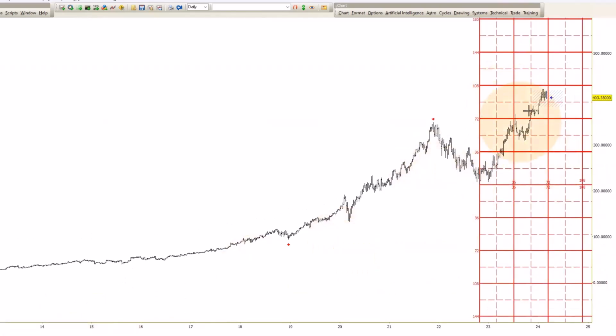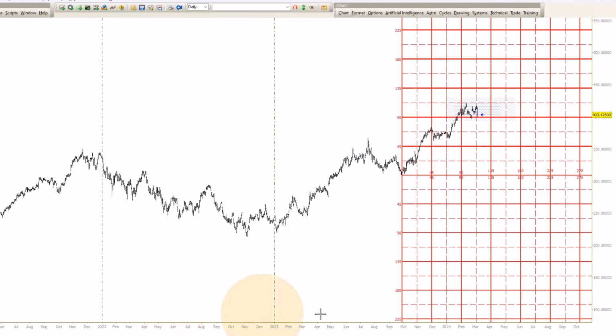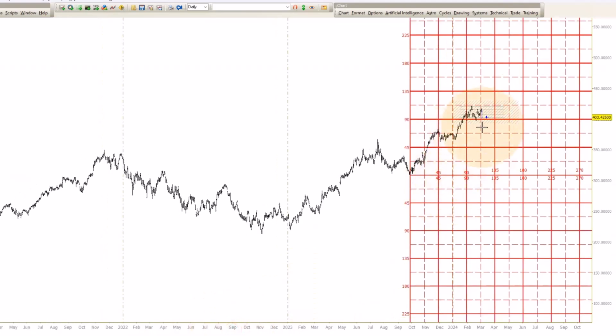Then we look at the weekly, and it could be towards the end of the month, which is really between March and April. That's within the time cycles that we're looking at. And then you get to the daily. It could be now, or going up a 1 by 1.